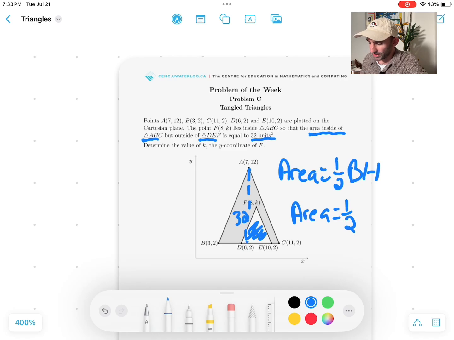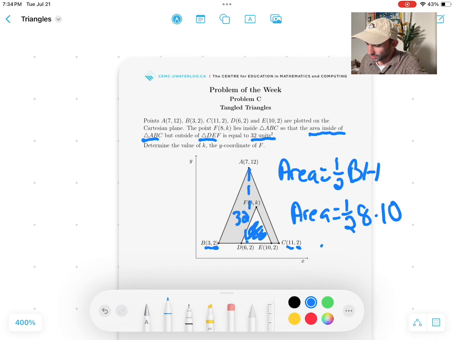How long is our base? We know that it goes from the x-coordinate of 3 all the way to the x-coordinate of 11. So 11 minus 3 gives us 8. So we have 1/2 times 8 times, and our height, we can see it goes from 2, from the B and C coordinates of y equals 2, to 12. 12 minus 2 gives us 10.